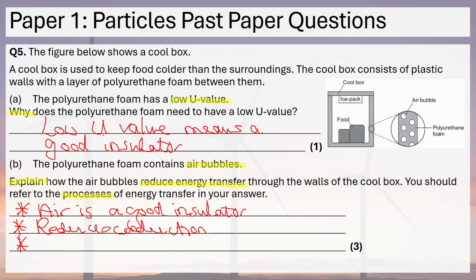And then for our 3rd mark, we can also mention that because it's trapped air, so the air can't move around to the surroundings, because it's trapped air, it also reduces convection. And there's our 3 marks.